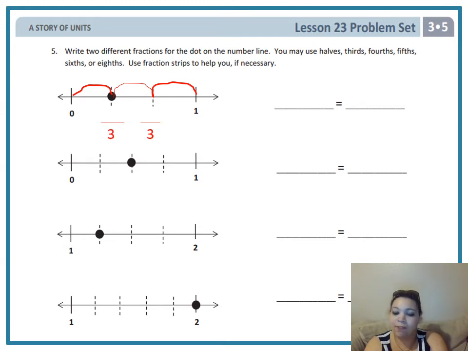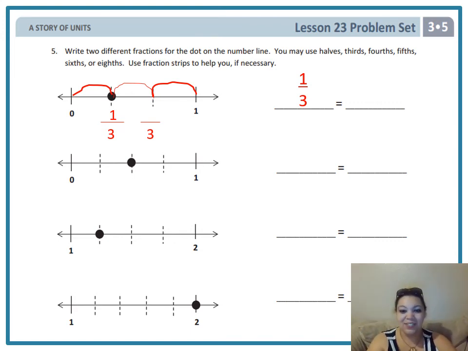So we know that whatever fraction we have here, since we had to do 3 hops, is something out of 3, or thirds. Right? So how many of those thirds is going to be at that first line? Good, 1/3. And then of course the next one we're going to write is 1/3 over there on the side. So how are we going to find another fraction that's equivalent by using the same number line? Well, just like we did from our halves to our fourths and fourths to our eighths, we're going to take those thirds and cut them in half.